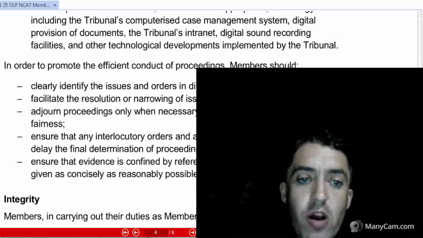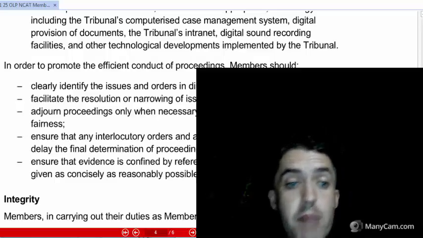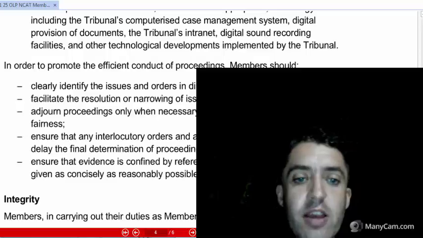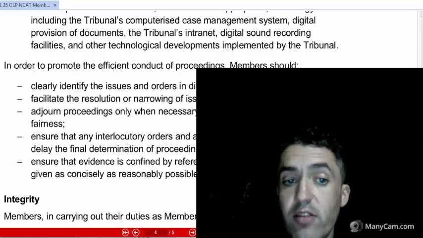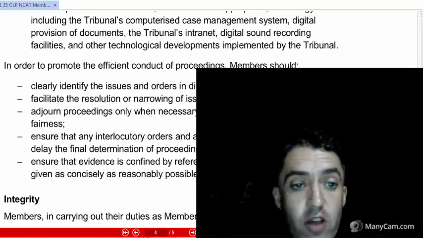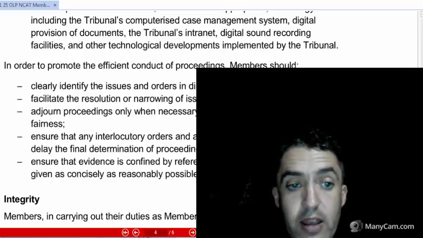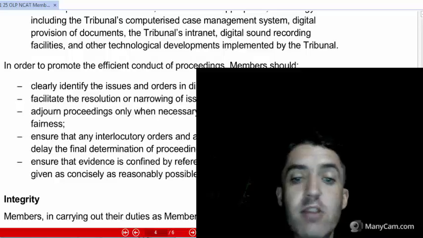In order to promote the efficient conduct of proceedings, members should clearly identify the issues and orders in dispute, facilitate the resolution or narrowing of issues in dispute where appropriate, adjourn proceedings only when necessary in the interests of justice and fairness.